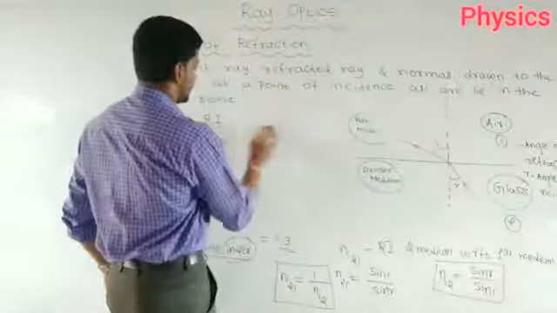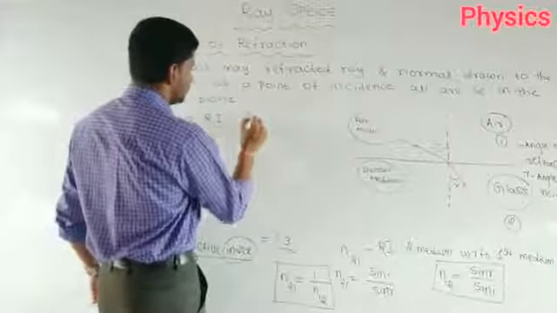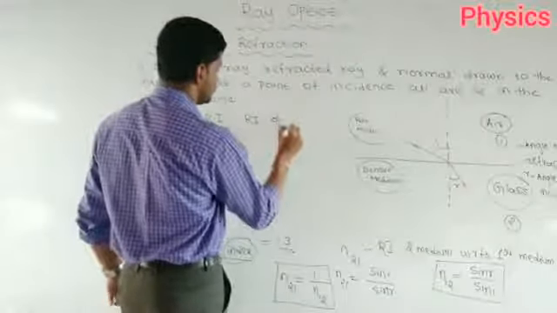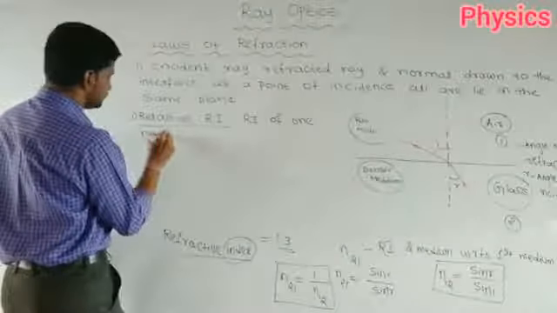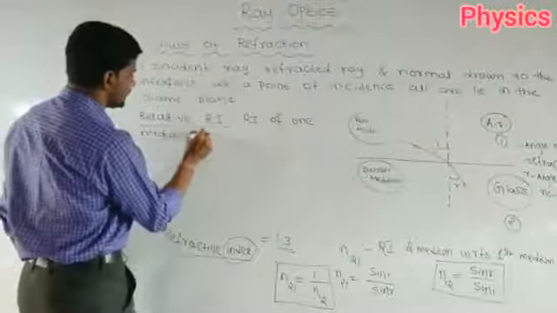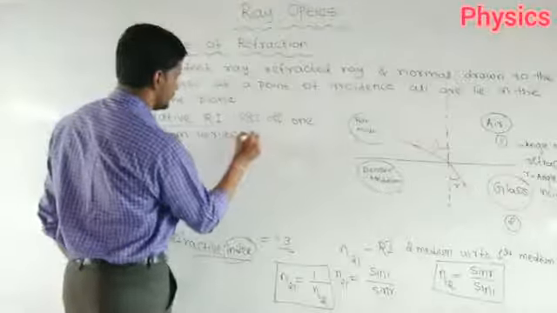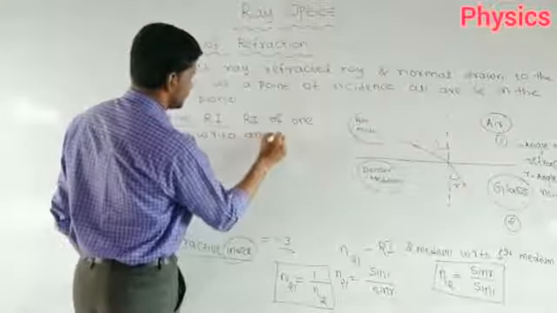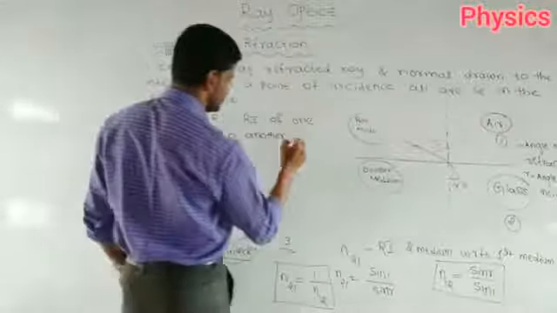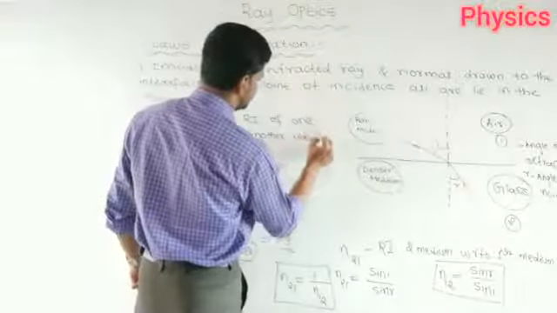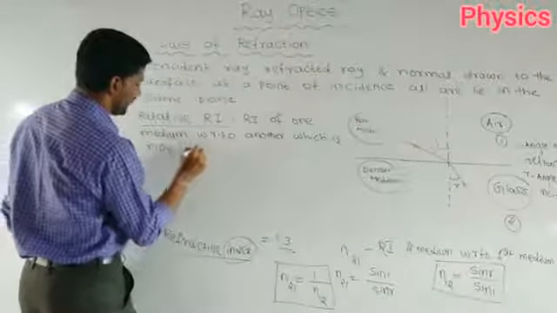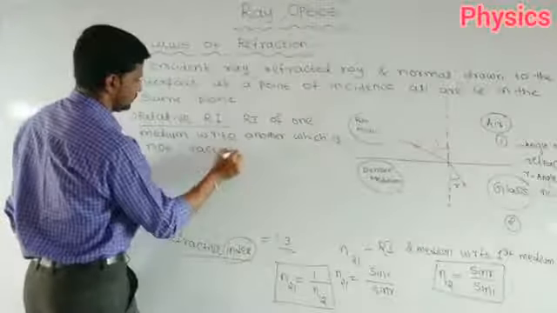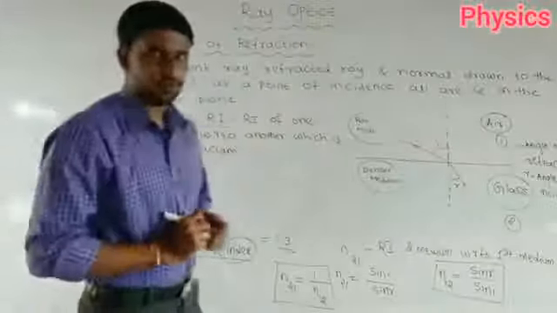So relative refractive index is nothing but a refractive index of one medium with respect to another medium which is not vacuum. That is called a relative refractive index.